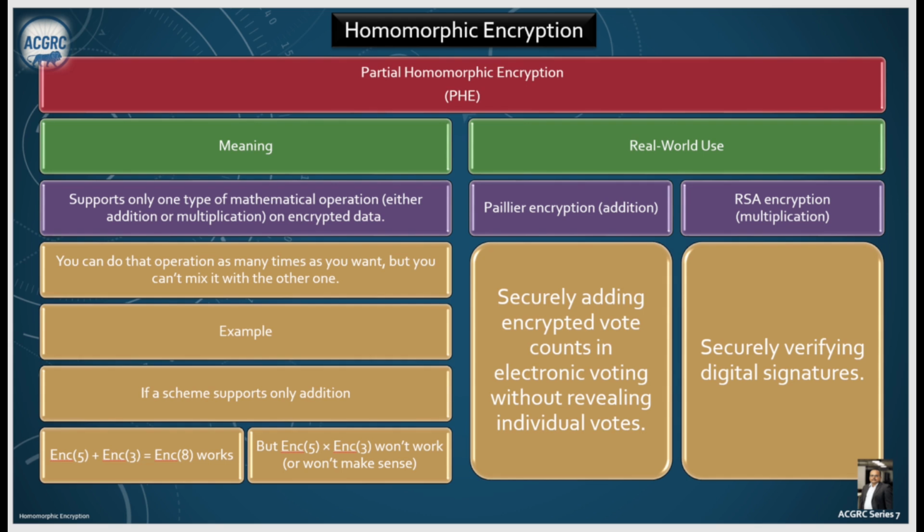Real world, let's look at the Paillier encryption, which is primarily an addition area. You can securely add encrypted vote counts in electronic voting without revealing the individual votes. This is an example that has been given.